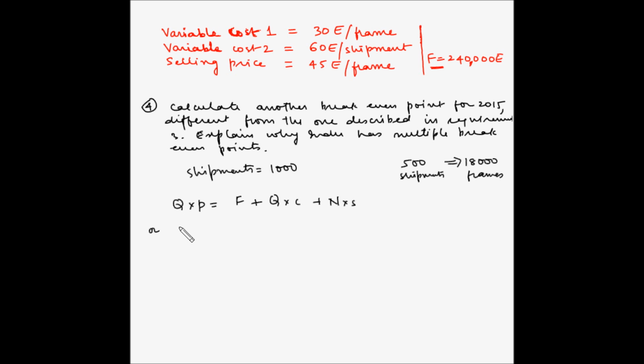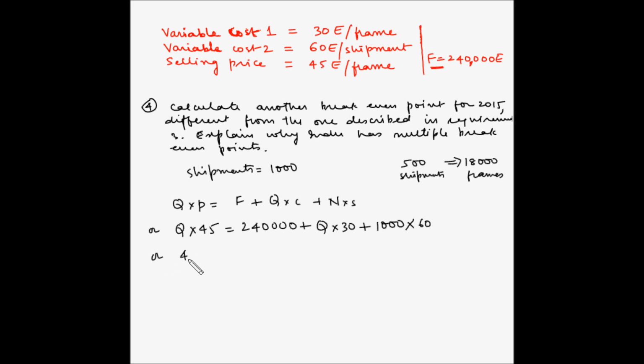So Q is unknown, P is 45, F is 240,000, Q is again unknown, C is 30, N is 1000, S is cost per shipment, which is 60.